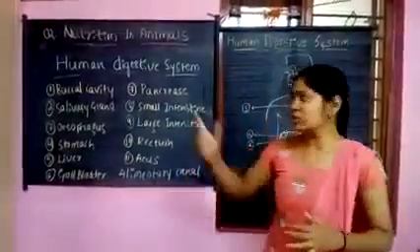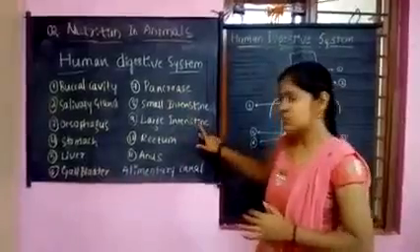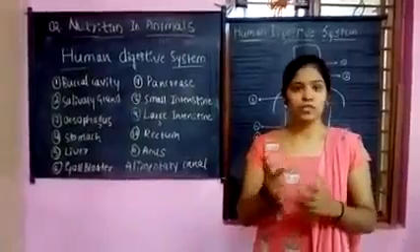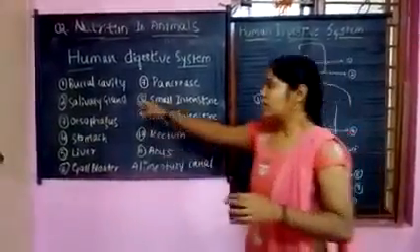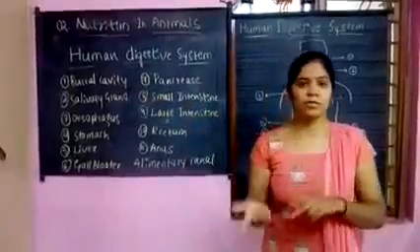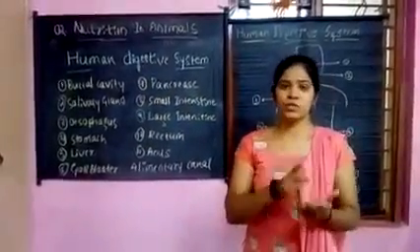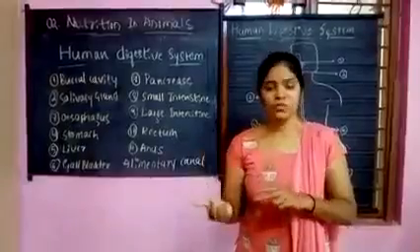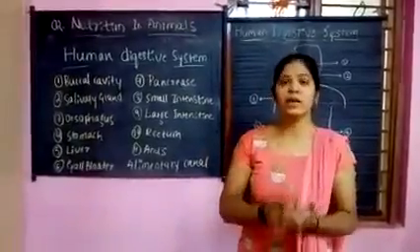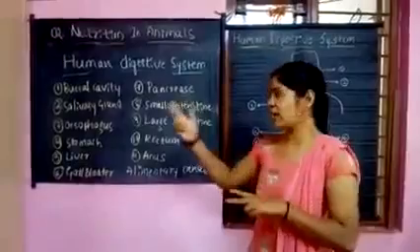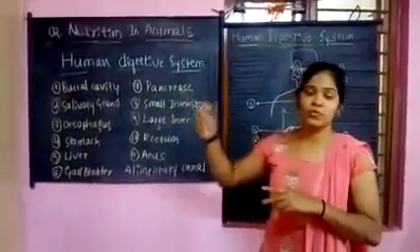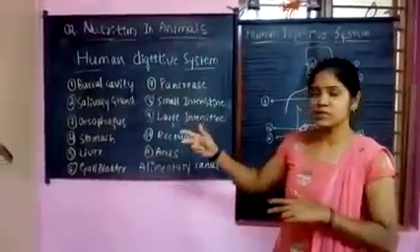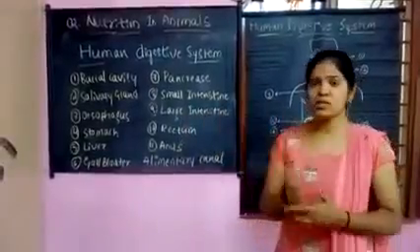Okay, so these human digestive system parts have their separate functions. The buccal cavity is provided with the teeth, where the food is chewed, and then it mixes with the salivary juice which is secreted by the salivary glands, and then it moves to the esophagus, the food canal, where the food passes, then it moves to the stomach.